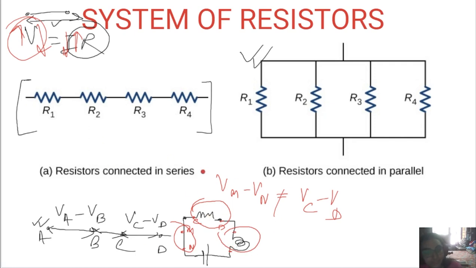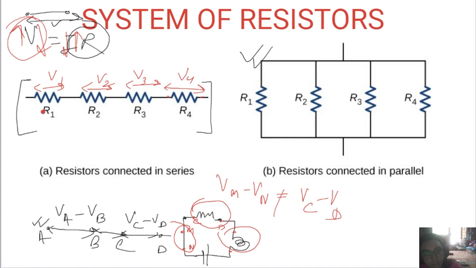From this, what I mean to say is that if you notice the potential difference between each of these points, V4, V3, V2 and V1, you can understand how they are all different, right?